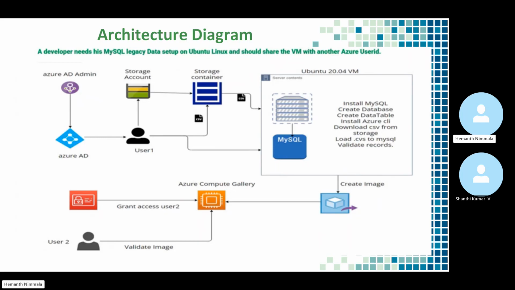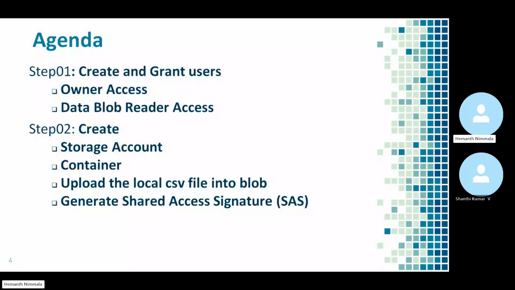Okay, now we'll walk through the agenda by steps. So first, we'll create and grant users. Both will be assigned as an owner and also as a data blob reader. Then we'll create a storage account. As part of the storage account, we will also create one container.